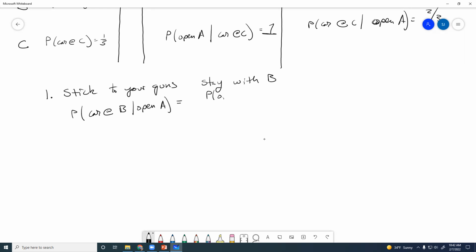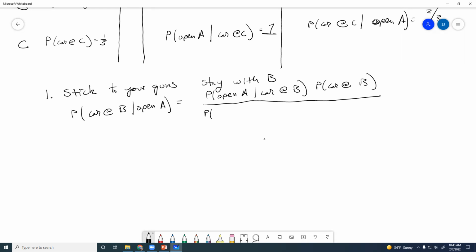So the probability that we opened A, given the car is at B, times the probability that the car is at B, divided by all of the potential options out there.